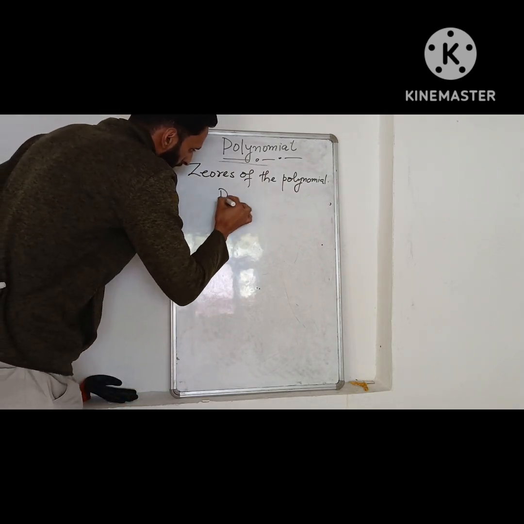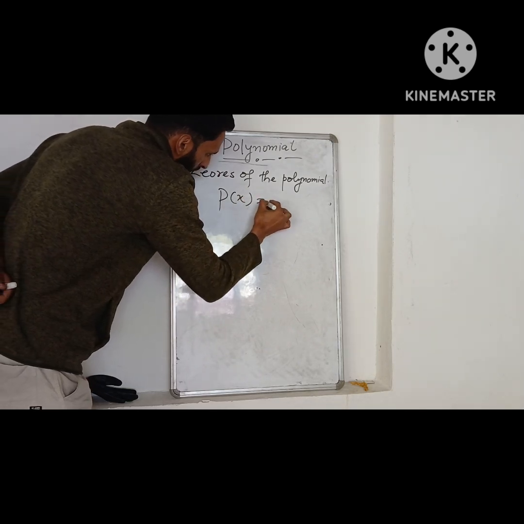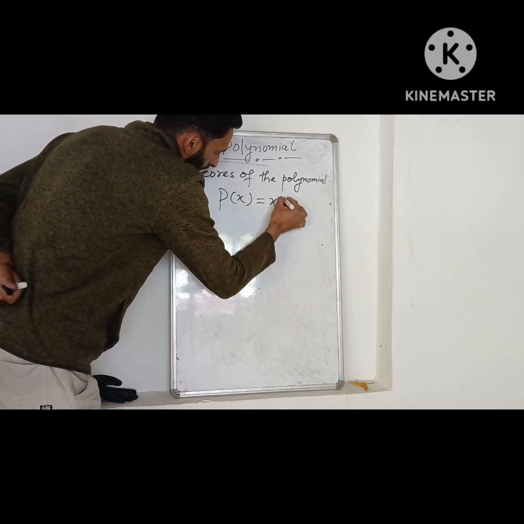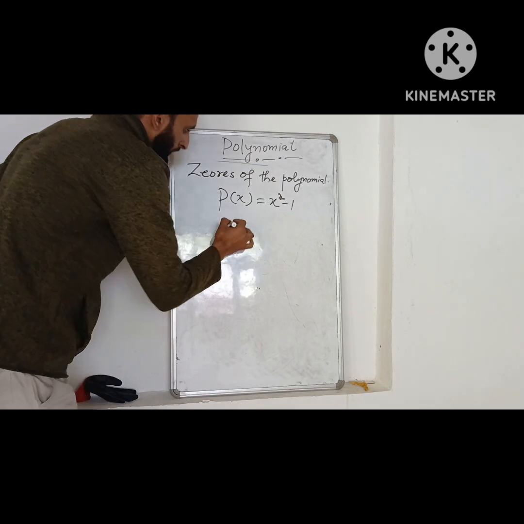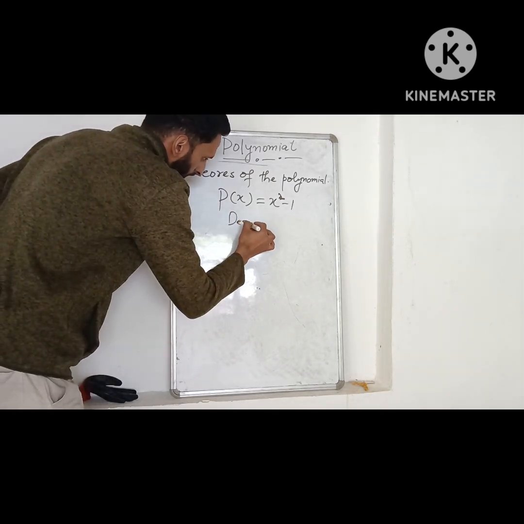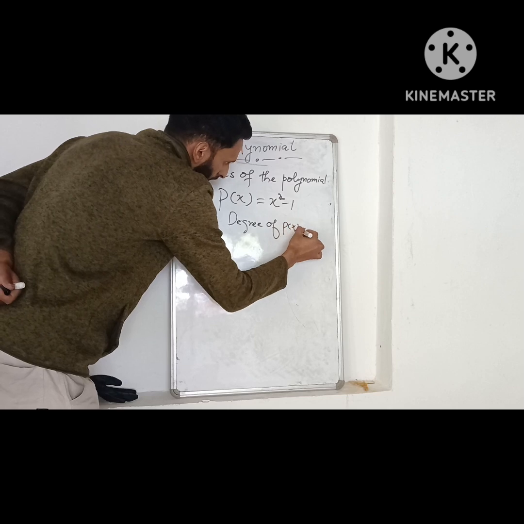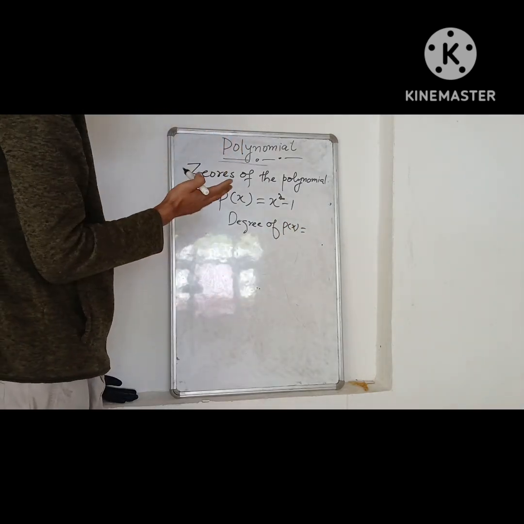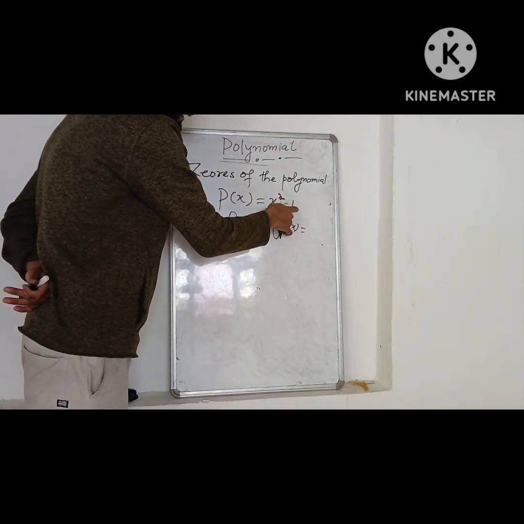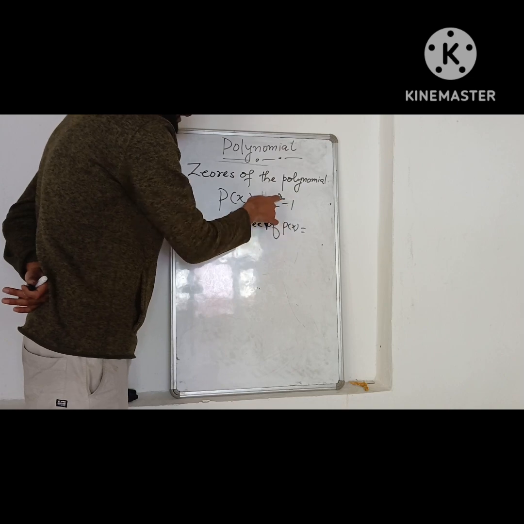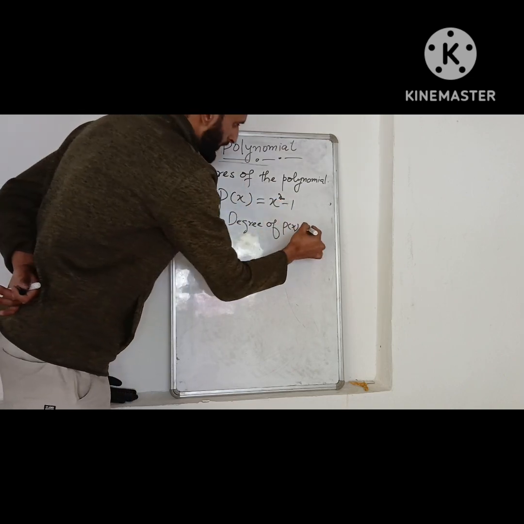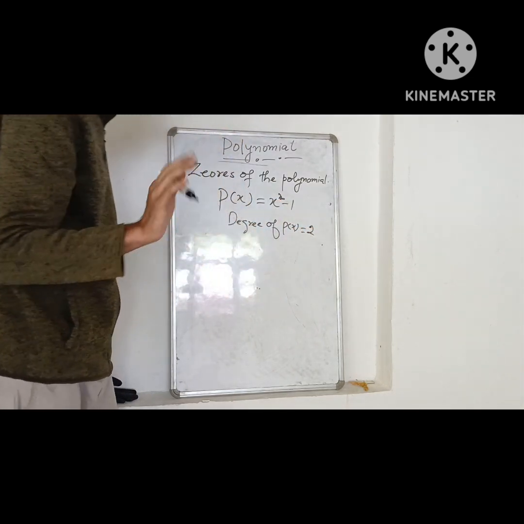Say p of x is equal to x square minus 1. If I am asking what is the degree of p of x, what is degree? Highest power. Here power is 0, here power is 2. Highest is 2, therefore the degree of the polynomial is 2.